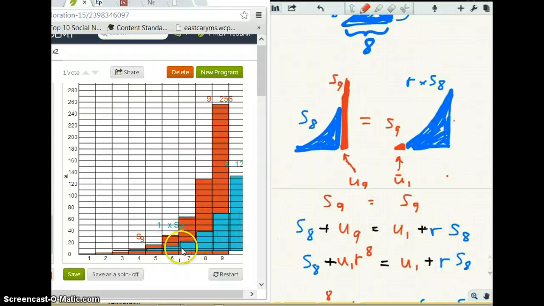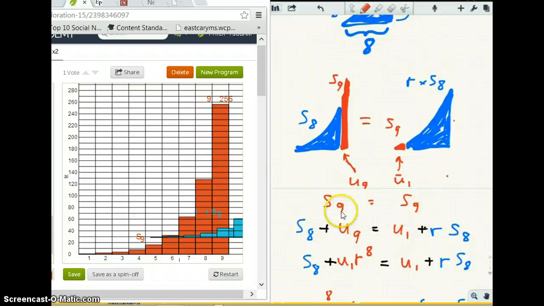The original blue region does not cover the red region, but when I press the mouse, which is multiplying by the common ratio, then it covers it. So to make the blue region taller, I need to multiply by R, the common ratio. So if I have U1 plus R times S8, that also covers the S9 red region perfectly.